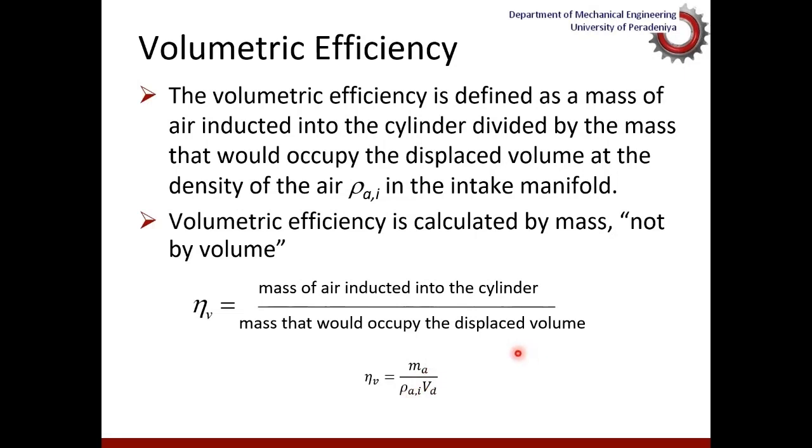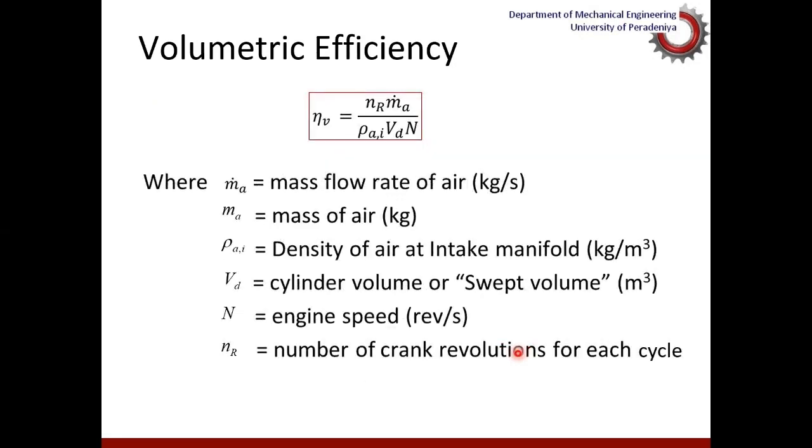Again, when it comes to representation of parameters, it is very important to represent these variables in the form of measurable quantities. And as I said earlier, the mass per cycle is not a measurable quantity. What we could do is use the mass flow rate. So as we converted work into power earlier, the same concept is used to convert this mass per cycle into mass flow rate into the engine.